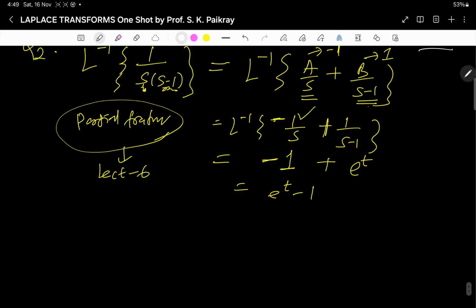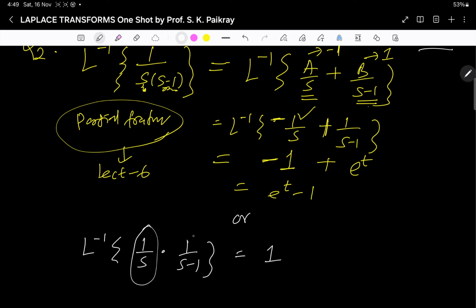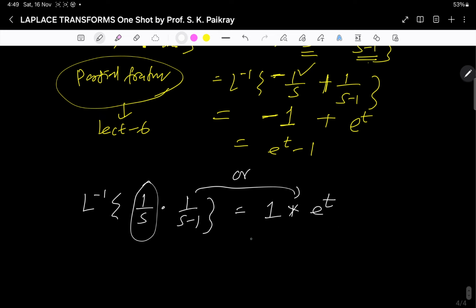Now let me apply the convolution here. So L inverse of 1 by s into 1 by s minus 1. The Laplace inverse of this is 1 and the Laplace inverse of this is e to the power t. So it is e to the power t convolution 1.